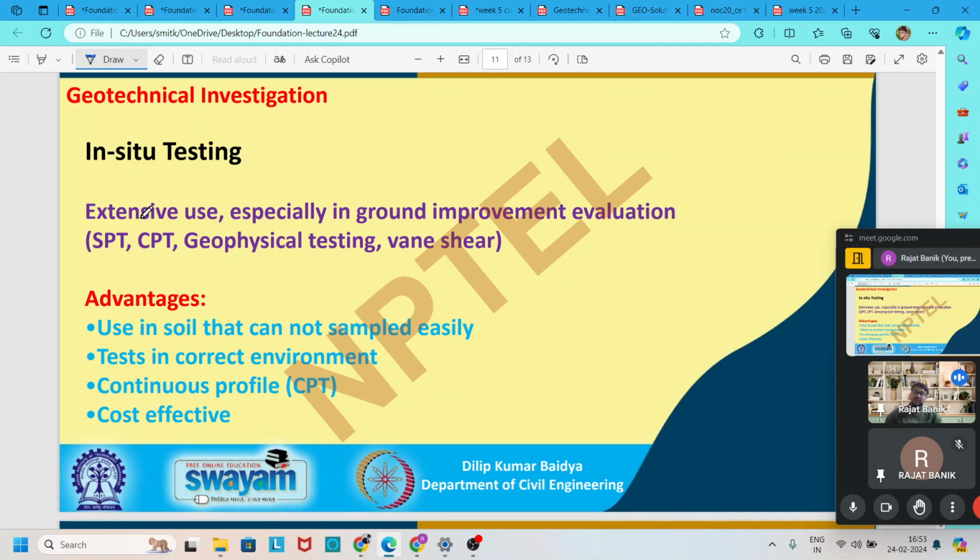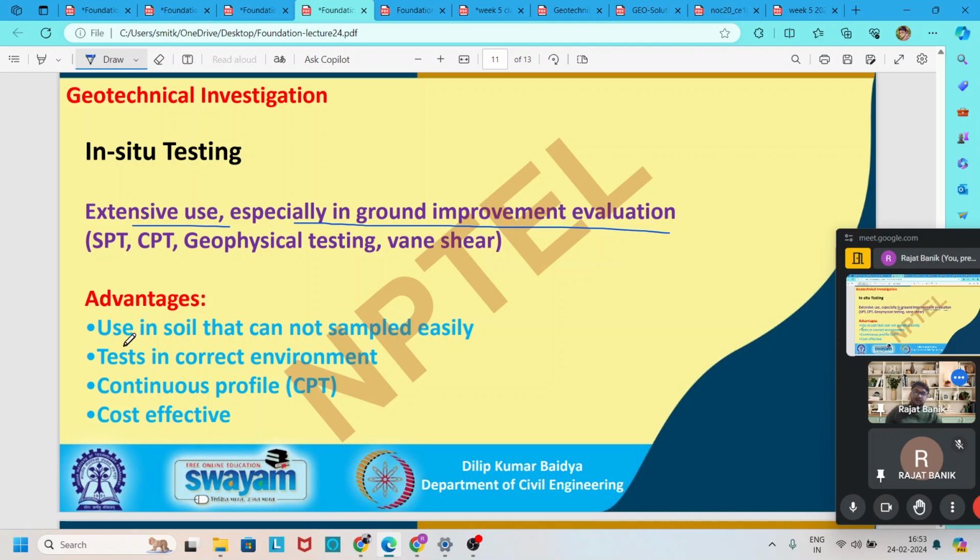In situ tests are used extensively, especially for ground improvement evaluation, to evaluate the ground improvement method.